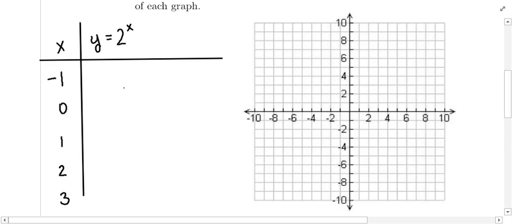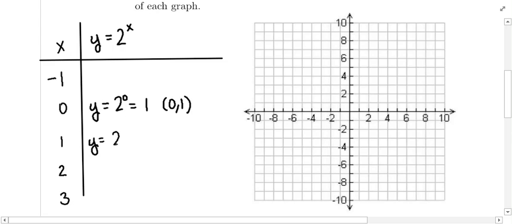We need to take each of these x values and plug into the exponential to get a y value. I'll start with 0 as our x value. If we plug in x equals 0, we're going to get y equals 2 to the 0. Anything to the 0 power is 1, so that's the point 0, 1. Then I'll plug in 1.